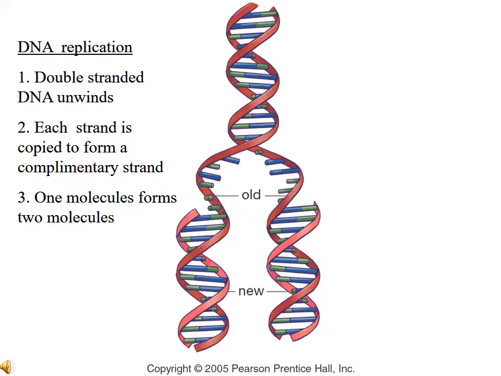We will go much more into the process of DNA replication later on in this course. But for now, understand that DNA replication is a very simple process for DNA basically doubling, and as it doubles, the information is transferred from one molecule to two new molecules.